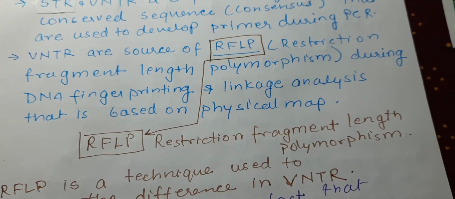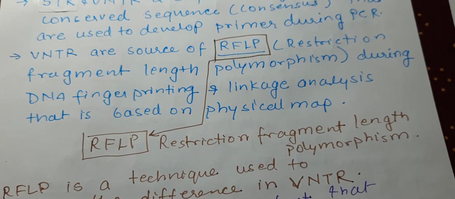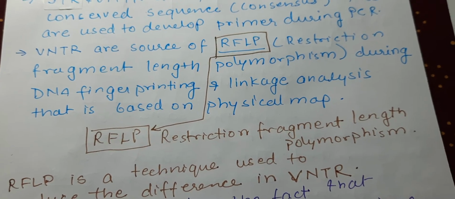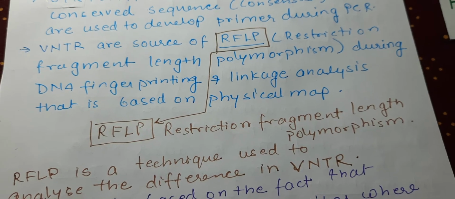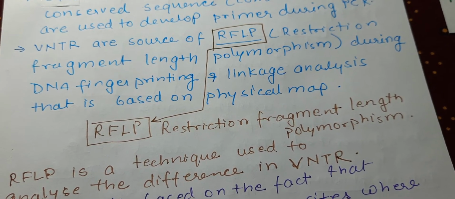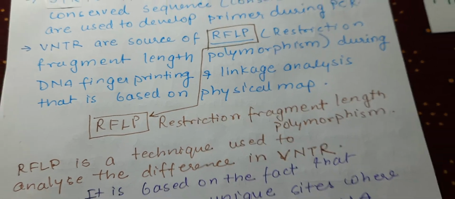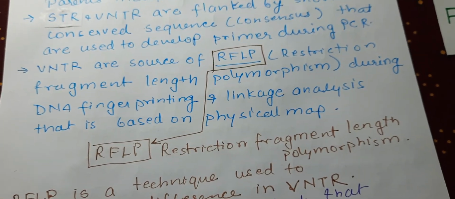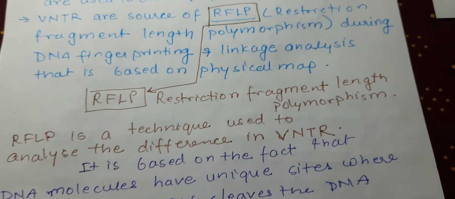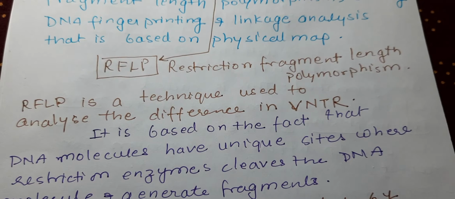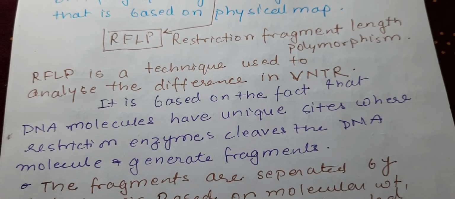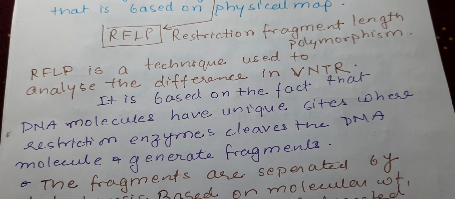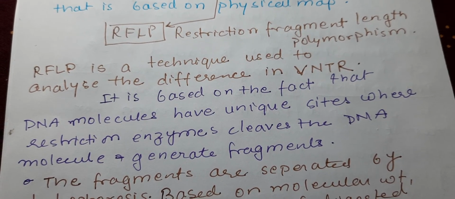VNTR are the source of RFLP, that is restriction fragment length polymorphism, during DNA fingerprinting and linkage analysis that is based on physical map. So there are also source for RFLP. Now what is RFLP? Restriction fragment length polymorphism is a technique used to analyze the difference in VNTR.